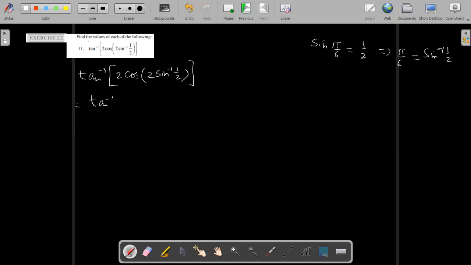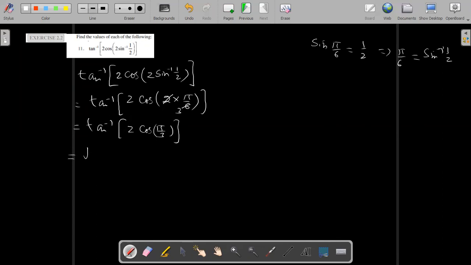So we can write tan inverse 2 cos into 2, and sine inverse 1 by 2 is pi by 6, and further solve it. This 2 can be cancelled because it is inside the bracket. 2 into 3 is 6. So we get 2 into cos pi by 3. So here we are directly getting the value.